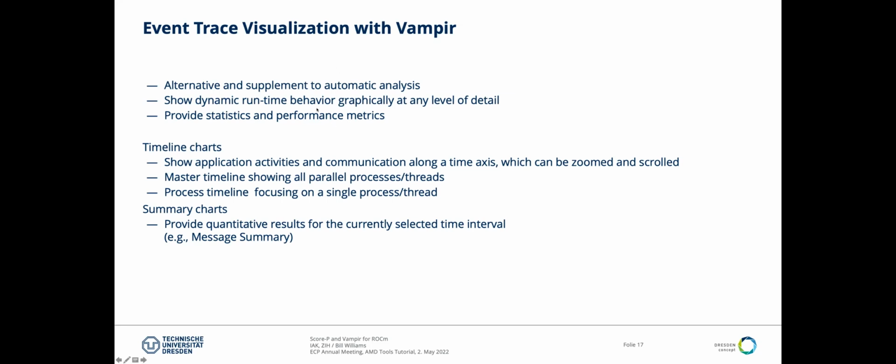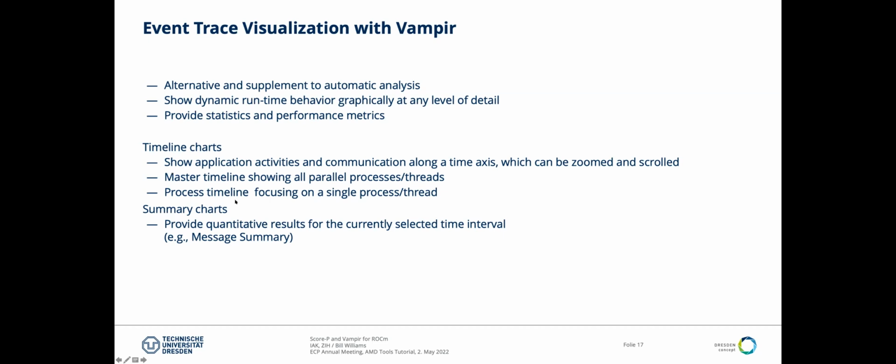We will show you what the application did at any level of detail that was recorded, and we will give statistics and performance metrics. We will do this through two basic types of interfaces. Timeline charts that have some time axis that you can zoom and scroll on, and then we'll show what the application was doing both in computation and communication during that window.